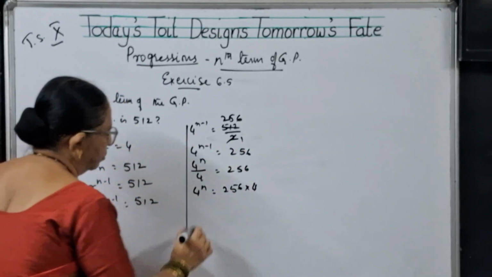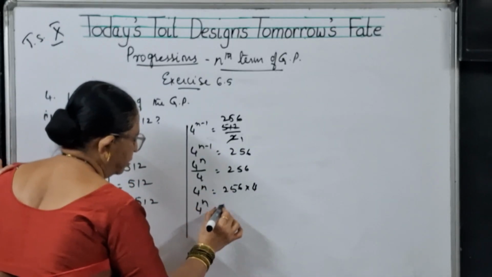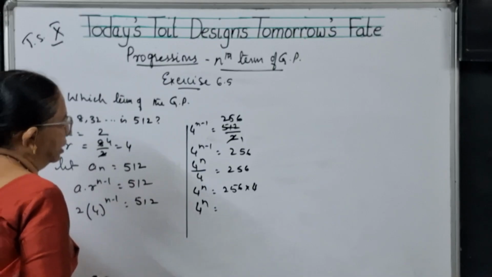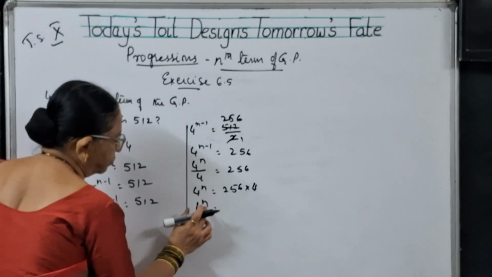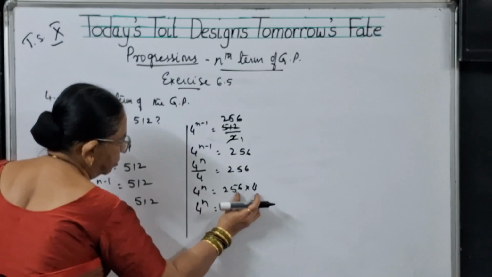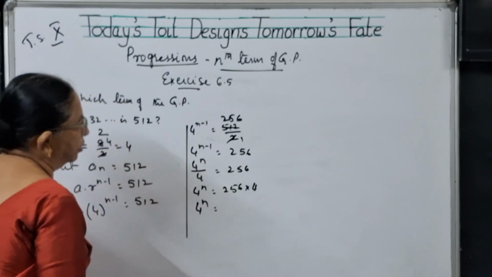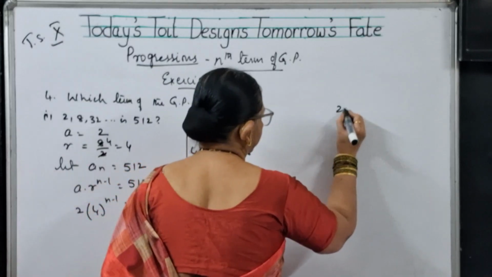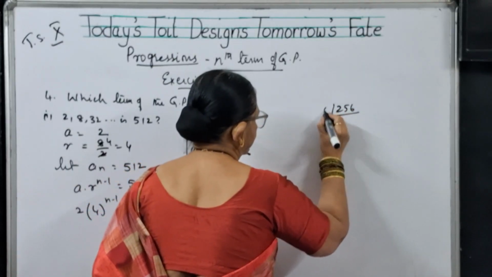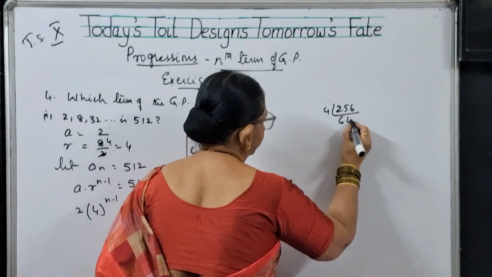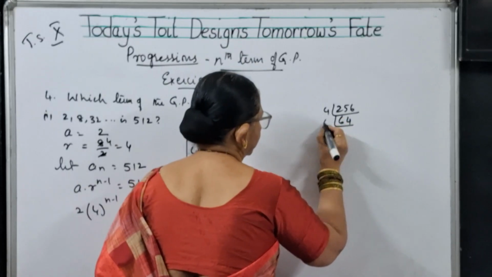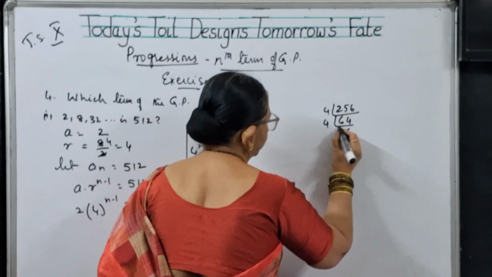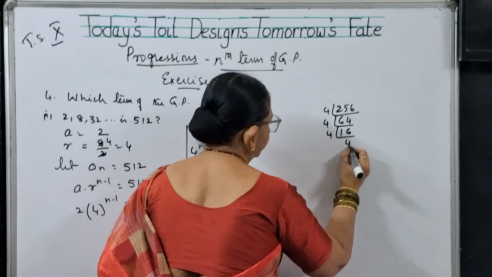Now 4 to the power of n is equal to 256 into 4. Since it is 4 to the power of n, this also should be in terms of base 4 only. So let us take 256. 4 6s are 24, 4 4s are 16.